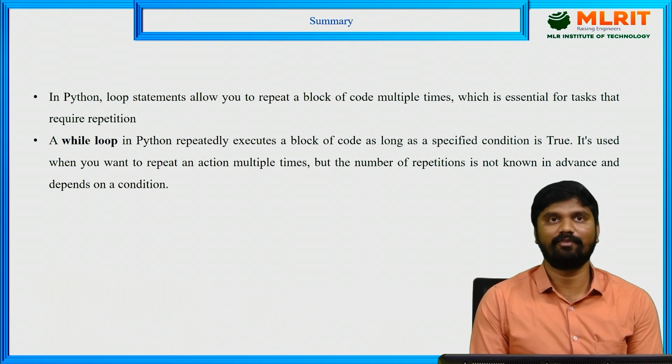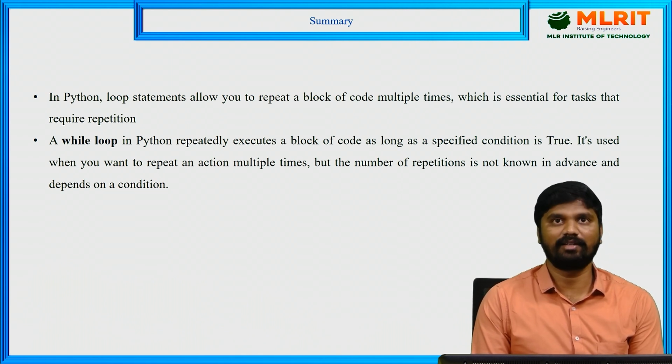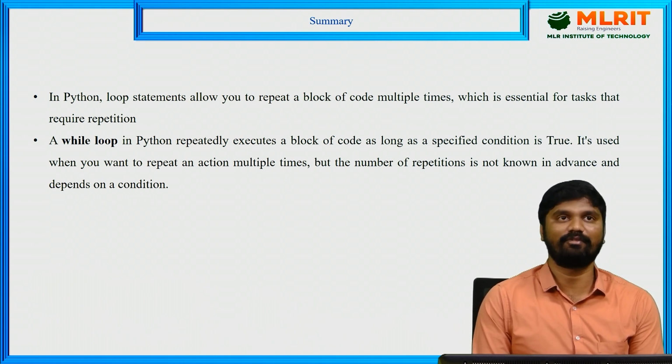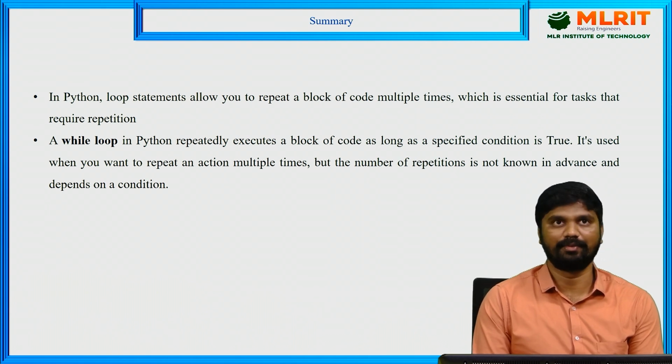Next, a while loop executes repeatedly until a condition is false. It is useful whenever you don't know the number of repetitions in advance. So that is the while loop, right? In the next topic we will discuss the for loop. Thank you.